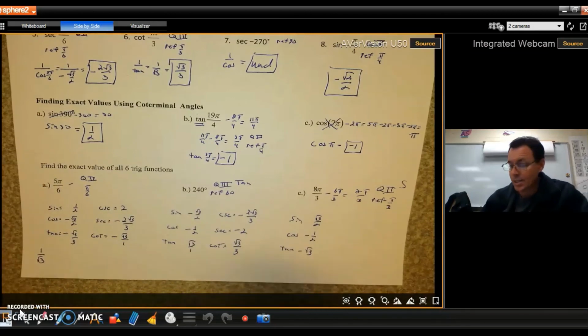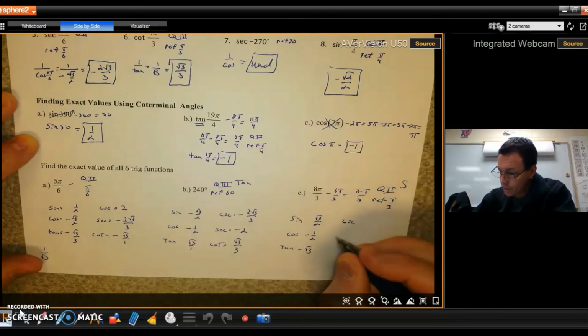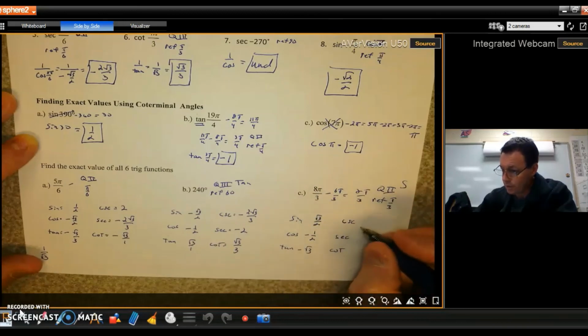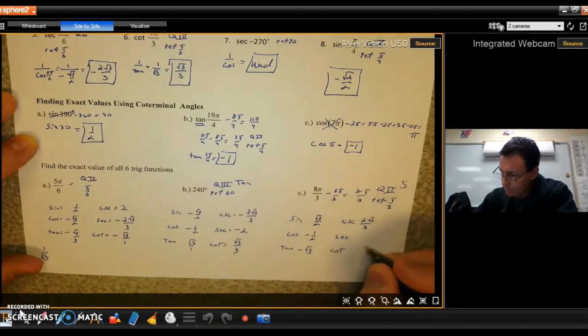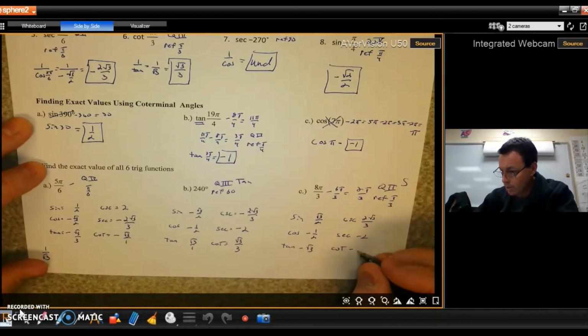And now you just need to take those 3 and flip them to find the cosecant, the secant, and the cotangent of the angle 8 pi over 3. So what's this? 2 over radical 3, so 2 radical 3 over 3. Negative 2. And then negative 1 over radical 3, which again is radical 3 over 3.